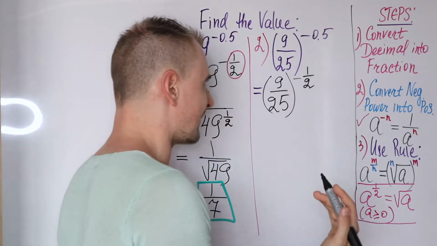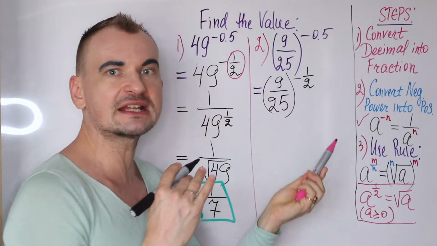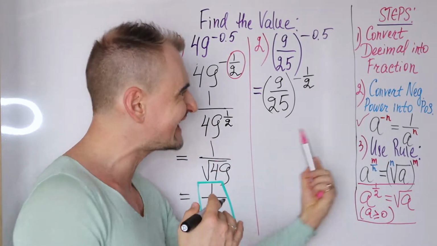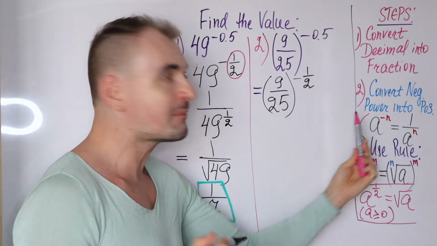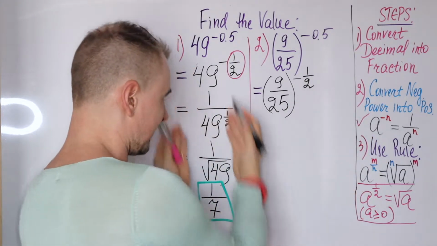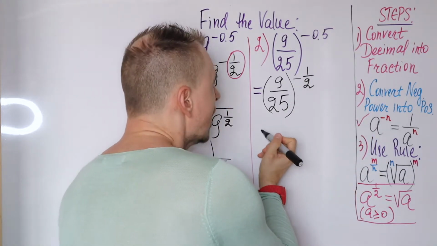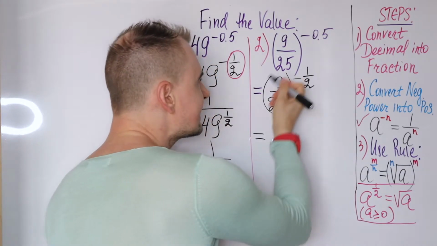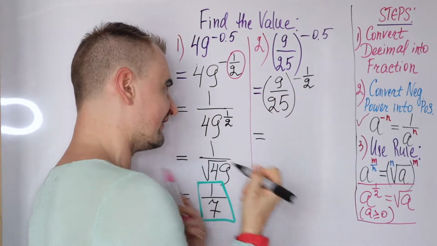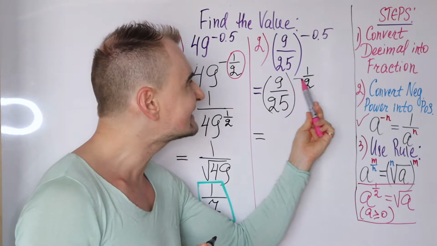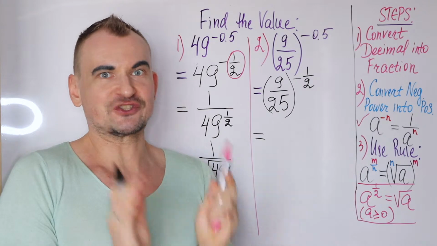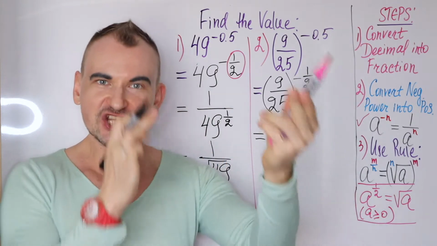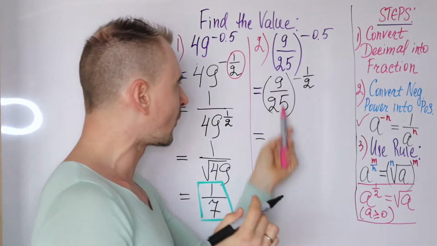Now the same steps. You want to convert this negative power into a positive by taking the reciprocal. Again, keep in mind that a negative power indicates the reciprocal. So basically the same steps. But since you are given a fraction, this negative power, this reciprocation, means that you just invert top and bottom.